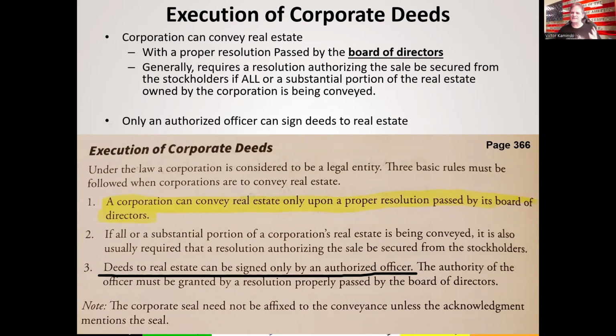The president and CEO need to run any major decision by the board of directors as well, anything that could affect their stockholders. So it generally requires a resolution authorizing the sale, secured from the stockholders, if all or a substantial portion of the real estate owned by the corporation is being conveyed. Only an authorized officer can sign deeds for real estate on behalf of the corporation.